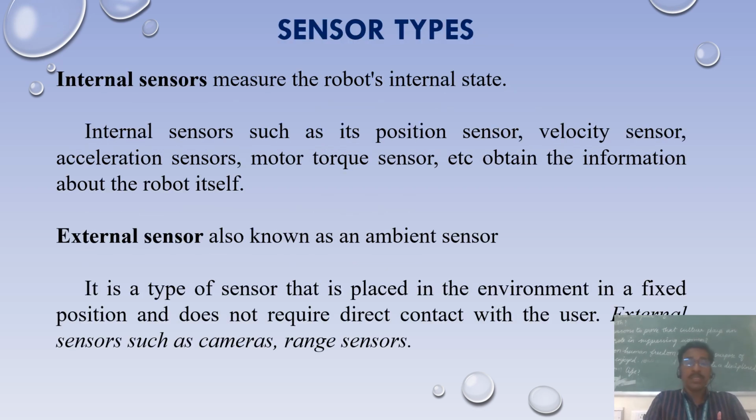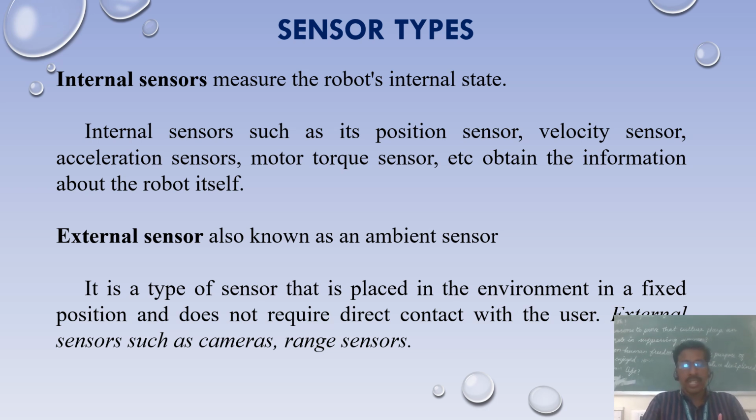So again, the sensor is divided into two different types. One is the internal sensor and another one is the external sensor. Generally, internal sensors measure the robot's internal state, that is, they analyze the robot itself, right?